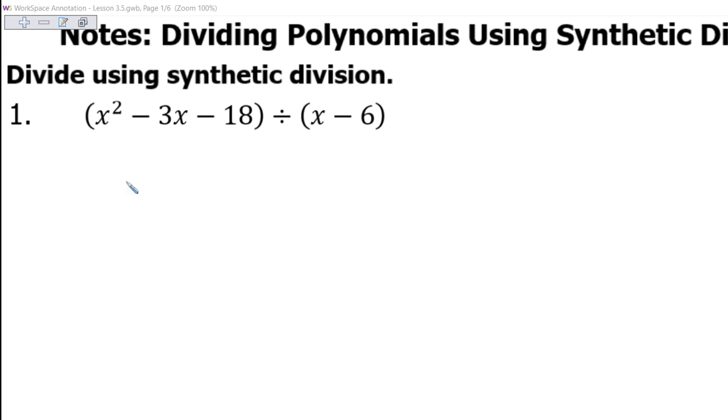When you are dividing using synthetic division, the first thing you have to do is take the constant in your binomial and change the sign. So negative 6, we need to change it to a positive 6. If it's a negative, change it to a positive.